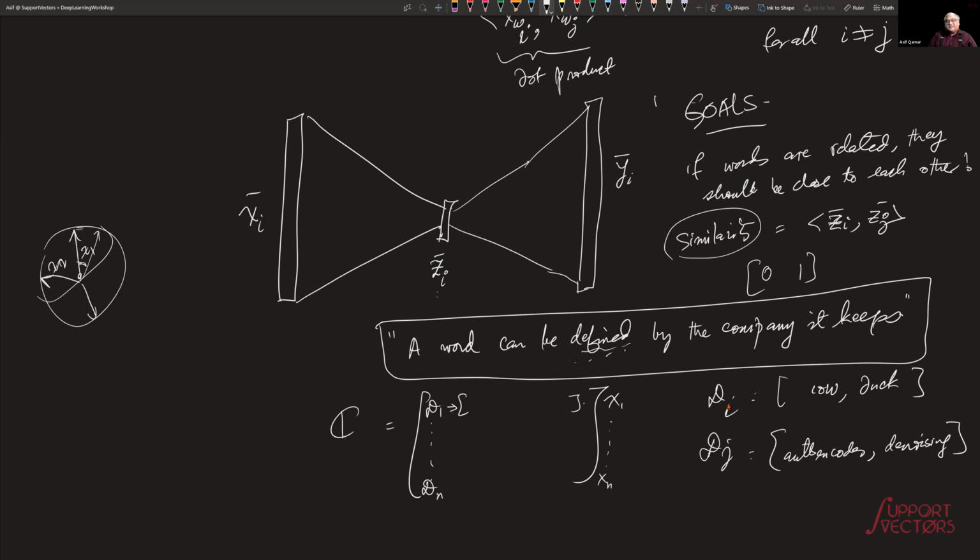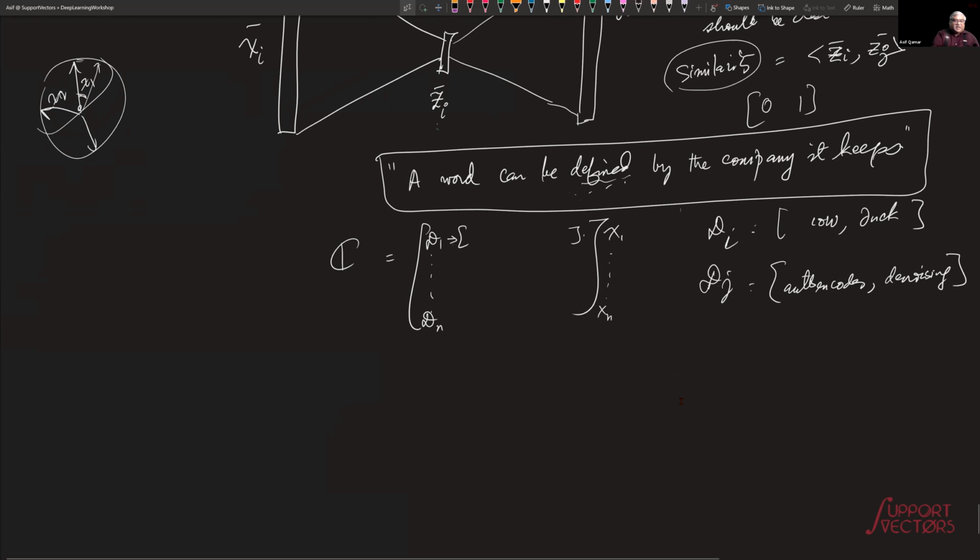You just scan through all the documents of your corpus, and in each document, see what are the words proximal to the word. Suppose you take a word cow that you want to get a sense of, and represent it by x_cow. How would you get to know what it should be similar to?